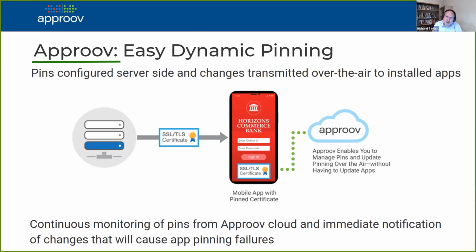This dynamic configuration includes the domains that your app is using and the pins for those domains, and this can be updated dynamically. So there is a way that you can change the pins at will on the server side, and then that is communicated back to individual apps that are running.